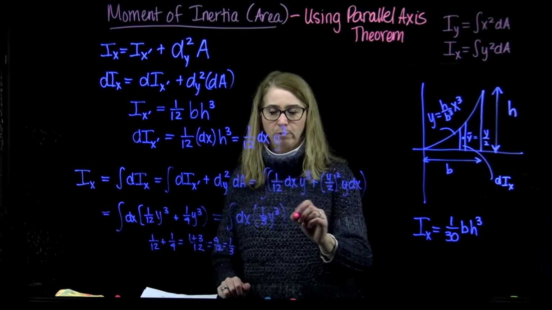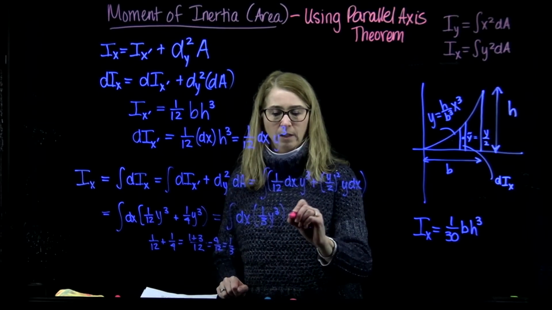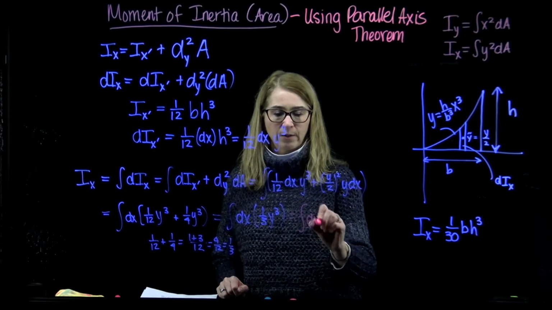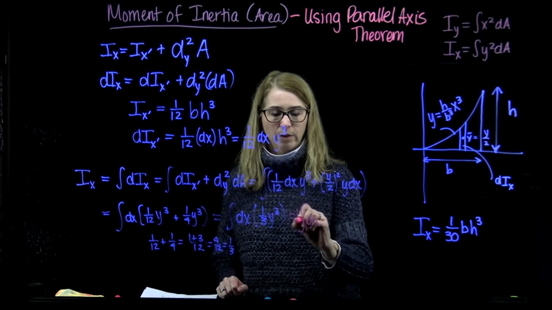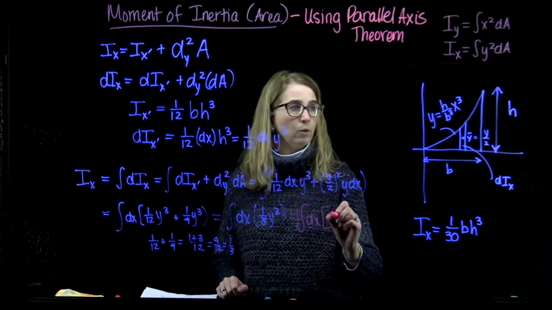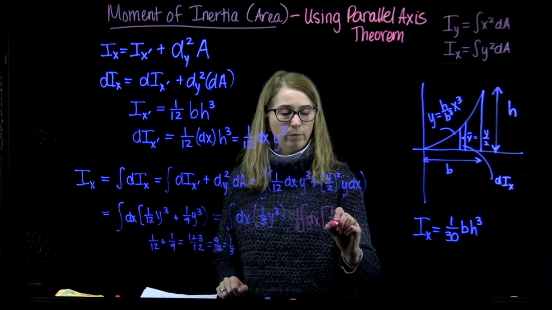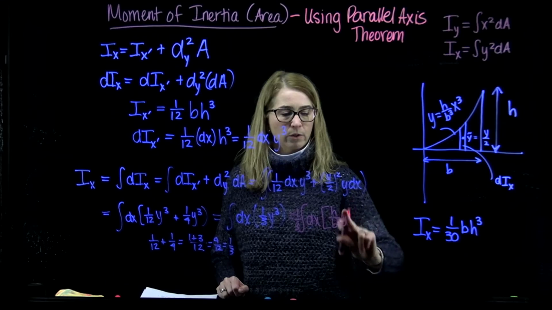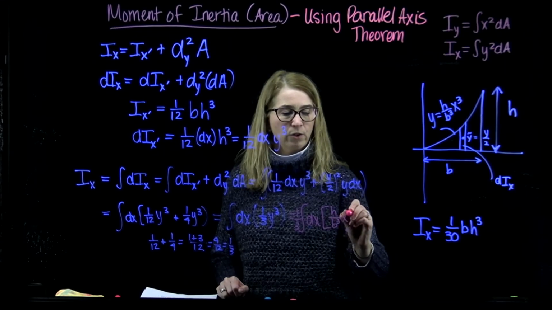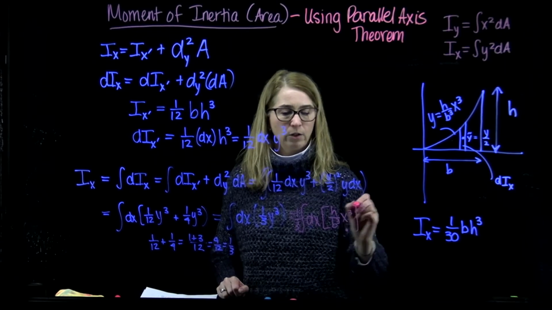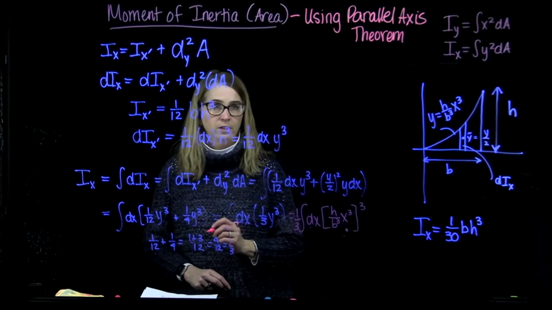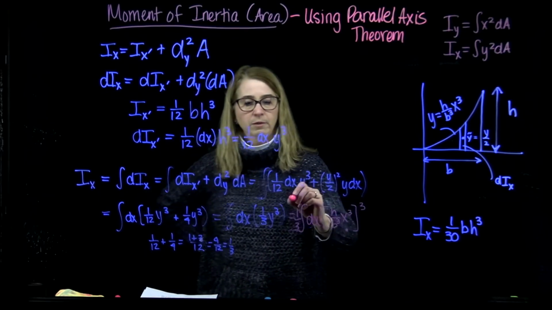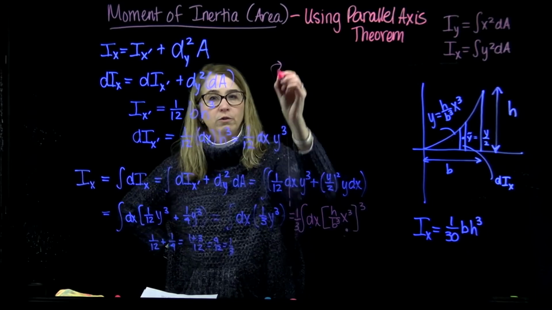We do have to replace the y cubed. And so I'm going to get dx. I'm going to put the 1/3 out here. And then the y is h over b x, cubed. All of that cubed. All right? I'm going to move up here because I have a little more room.